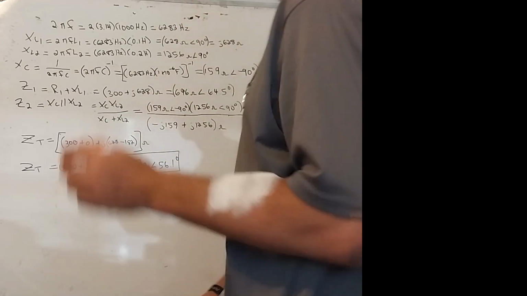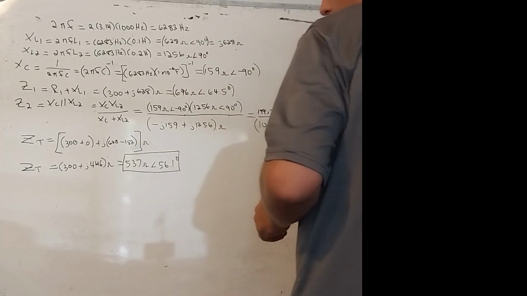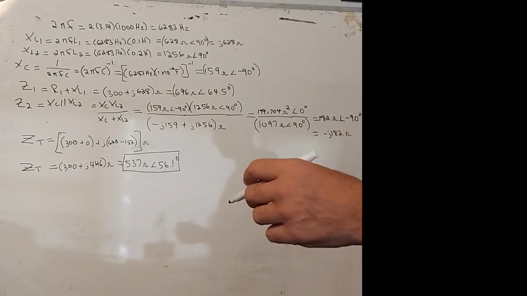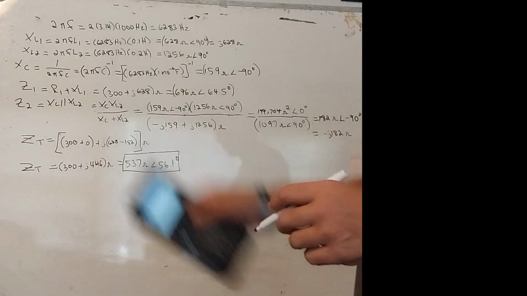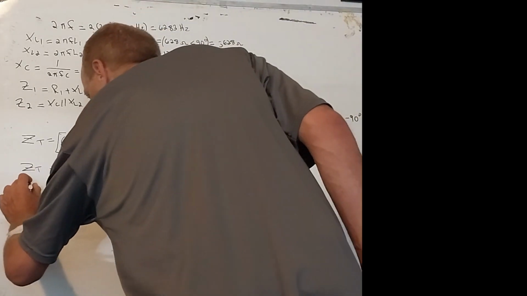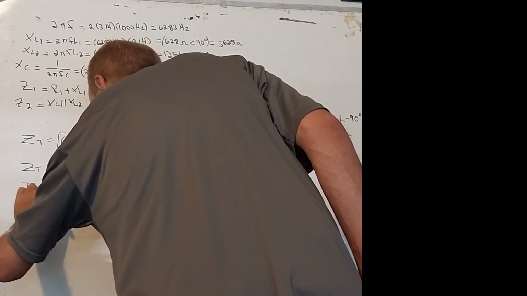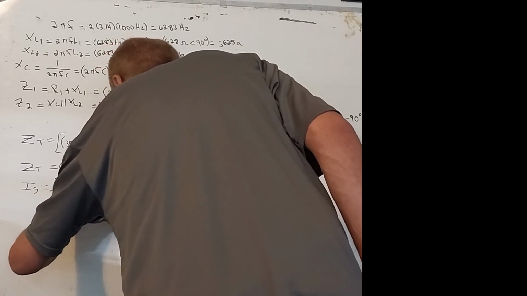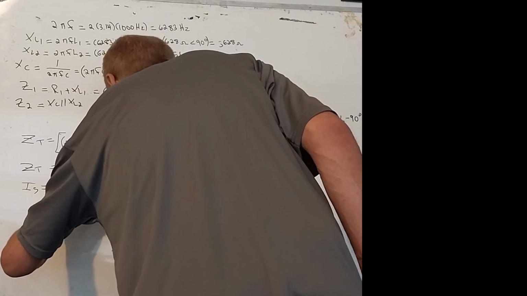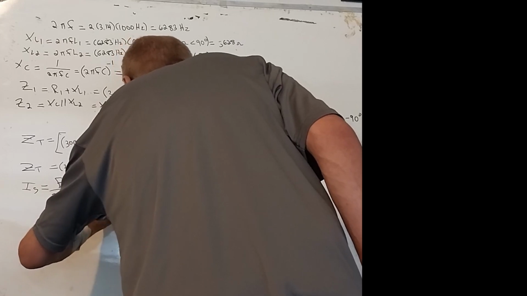Now they want us to find the source current, and we know what the source voltage is. It's 50 volts at an angle of 0 degrees. We don't want to use the value in phasor notation. We want to use that 50. So IS, the source current, is equal to E divided by ZT, and that's 50 volts at an angle of 0 degrees divided by 537 at an angle of 56.1 degrees.